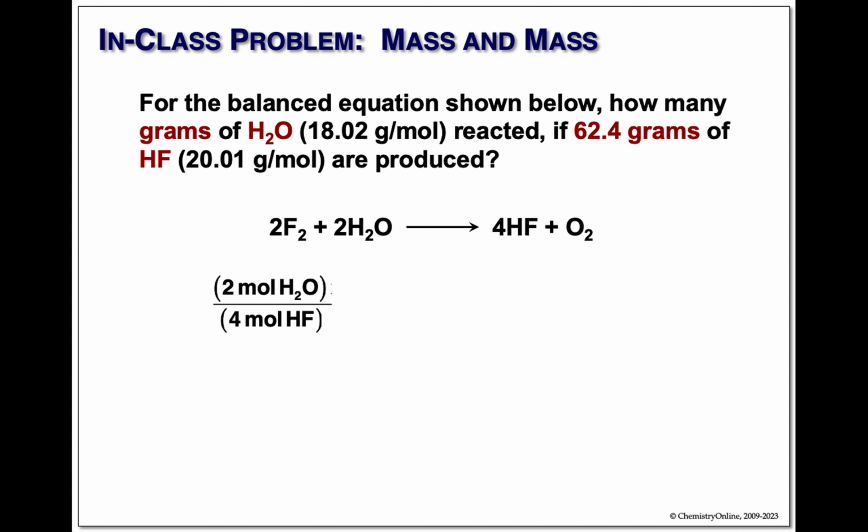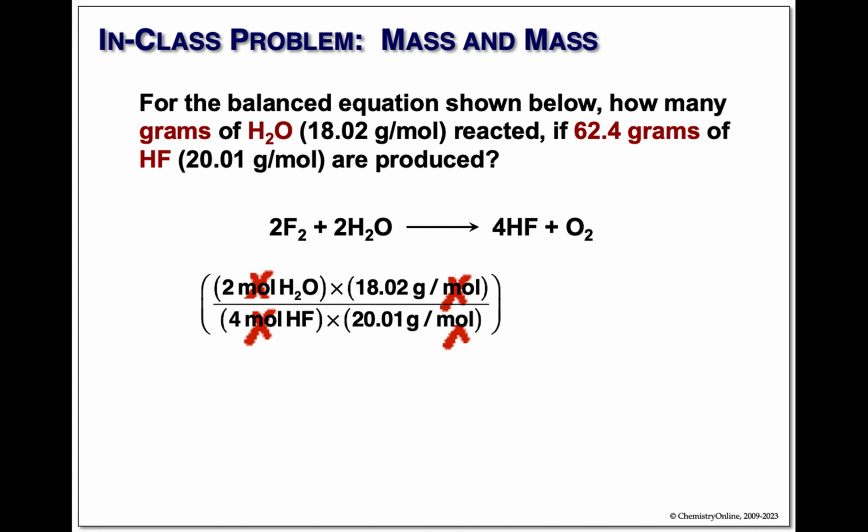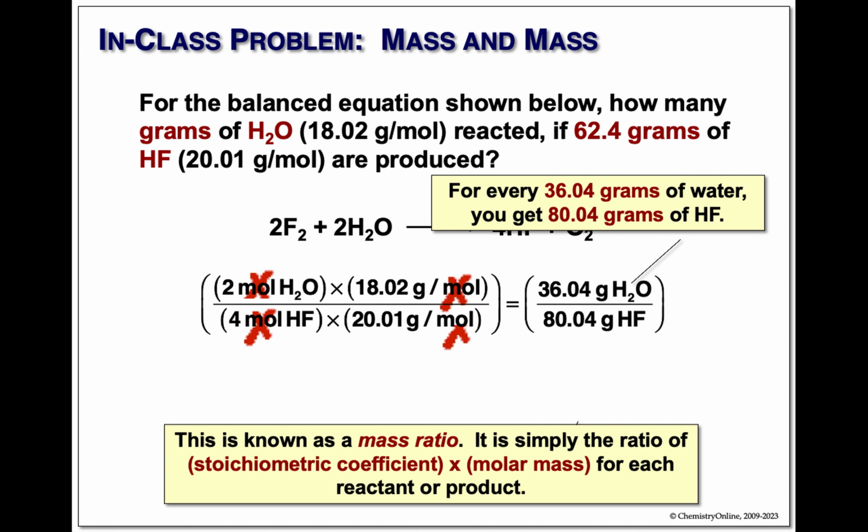Now, every mole of water is going to weigh 18. Every mole of HF will weigh 20. So we simply multiply this. There's our 18. There's our 20. Lots of stuff cancels. 2 times 18 divided by 4 times 20. 36 over 80. Simple way to think about a mass ratio is this.